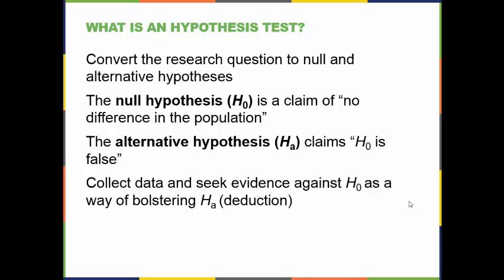So what is a hypothesis test? The first thing you need to do is convert the research question to a null and an alternative. The null hypothesis is a claim of no difference in the population. The null is sometimes called H naught, H sub 0, and the alternative H sub A. The alternative hypothesis is trying to claim that the null hypothesis is false.